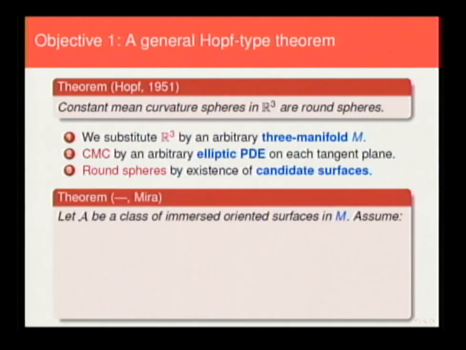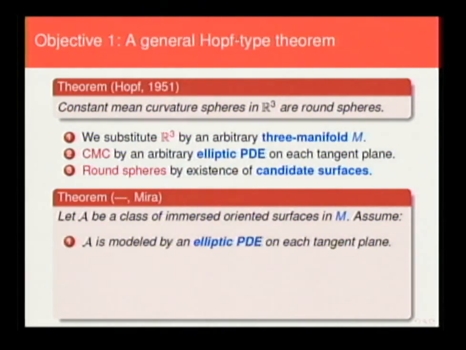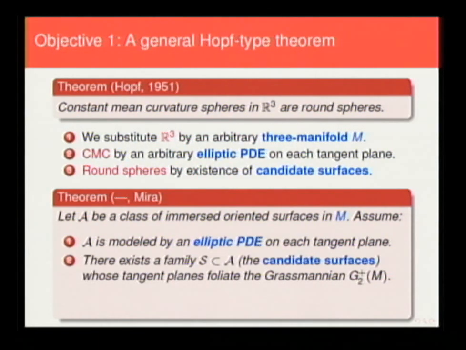So in order to be more concrete, let us start with a class of immersed oriented surfaces in a general, arbitrary three-manifold. Suppose that the class of immersed oriented spheres are the solutions of a certain second-order elliptic PDE. And in this general class, we choose a subset, a certain family that we call the candidate surfaces, such that these surfaces foliate the oriented Grassmannian of the manifold.